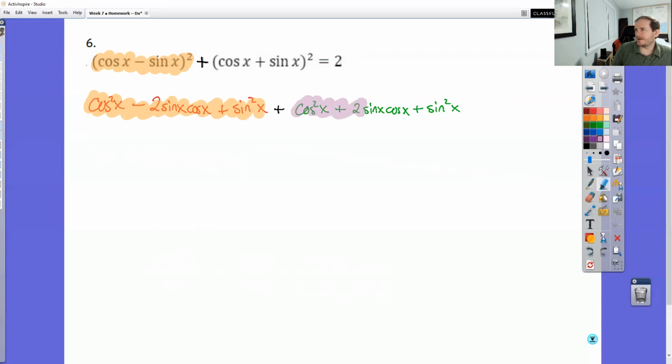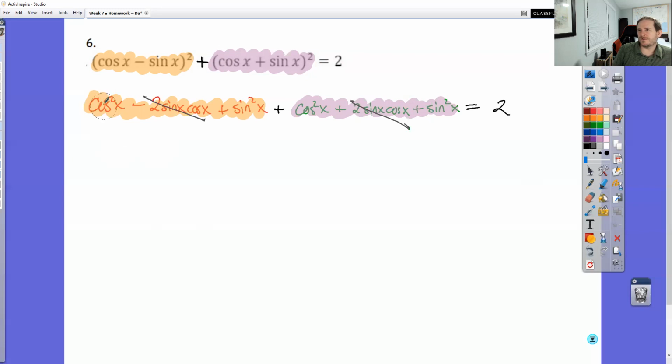So again, just to remind you, all of those terms are coming just from this thing. And of course, we're trying to see if that thing equals 2. And of course it does, because negative 2 sine cosine and positive 2 sine cosine cancel each other. Then you've got a cosine and a cosine, which could become 2 cosine squared, but you don't want to do that.